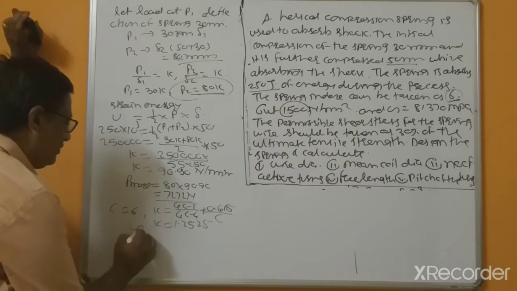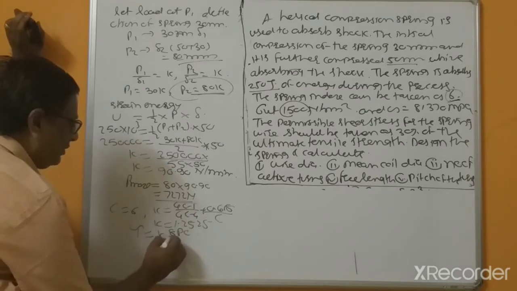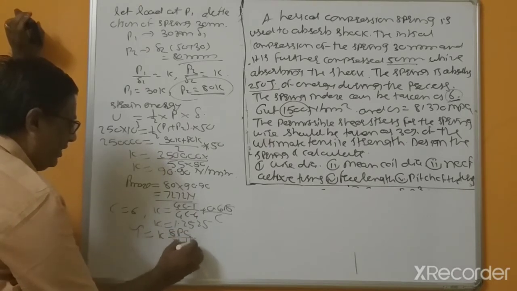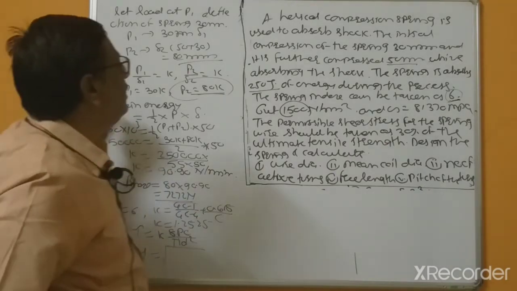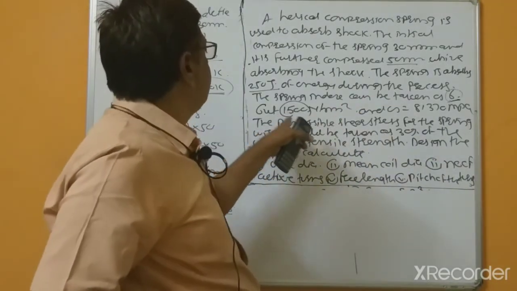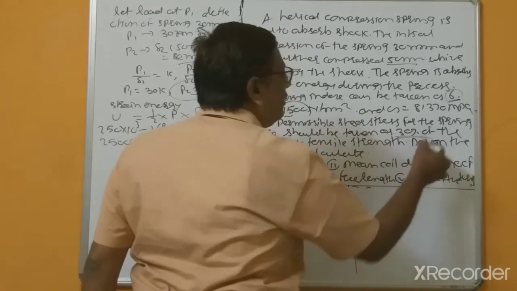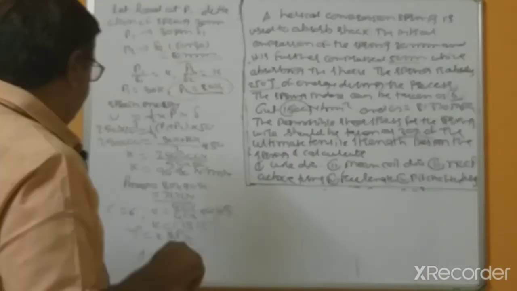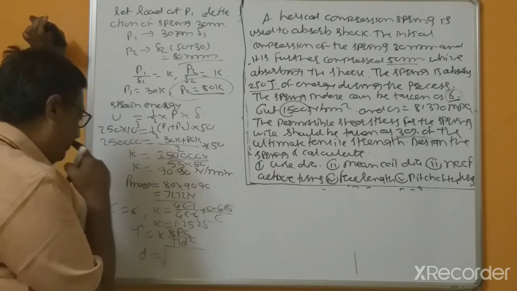Now by using the formula tau equals K 8PC divided by pi d squared, for d equal to, here sigma ut is 1500 and this is 30%, 30% means 450.